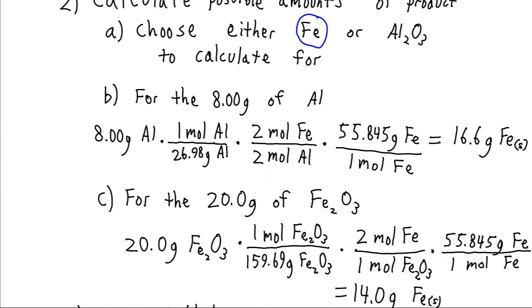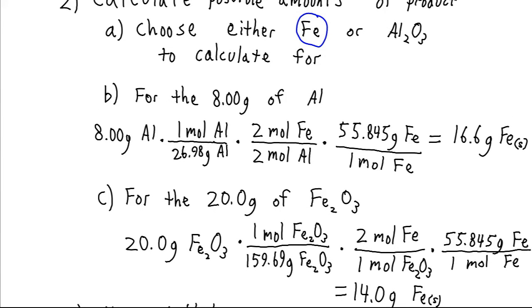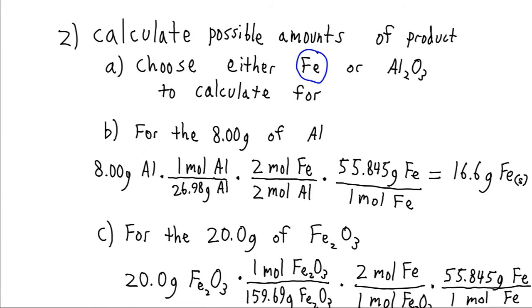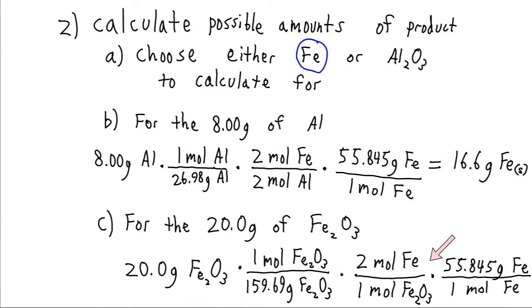So let's say we have our 20 grams of Fe2O3. We'll do the same thing, divide by its molecular weight to get into moles. And then looking at our reaction, for every 1 Fe2O3, we get back 2 Fe. So we include that ratio. And now that we have moles of Fe, we'll multiply by the molecular weight.